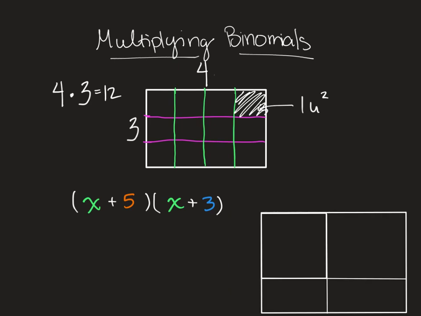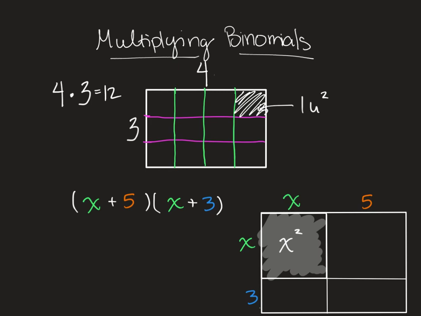And in this case, what that might look like is this top part, I would say this is x plus 5, and this side would be x plus 3. You can still model this whole thing. If you start isolating each of these rectangles, this first rectangle is just going to have a value of x squared because it is x times x.